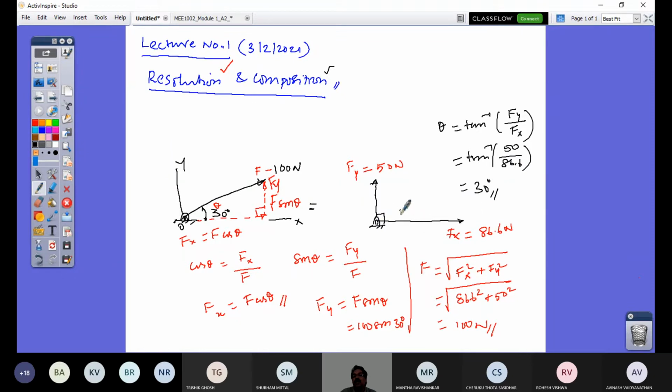When I have these two forces and I replace them back here, that process is called composition. So this side is composition and this forward side is resolution. This is the very first step that I hope you have understood, and you should always do it. Is there any difficulty, anything that you don't understand in this?